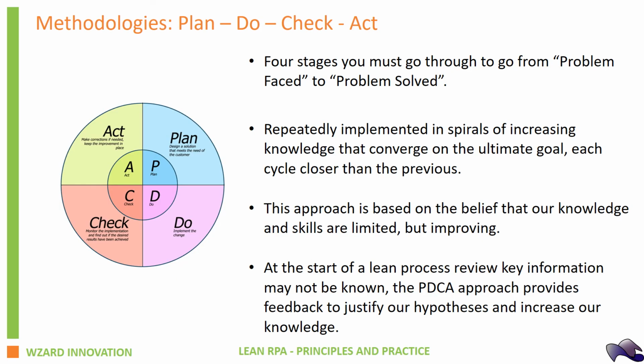Plan, Do, Check, Act, or PDCA, was made popular by W. Edward Deming. We've mentioned him before. He's often considered one of the founders of Lean and Six Sigma. The concept of PDCA comes from the scientific method of hypothesis, experiment, evaluation, or plan, do, check.